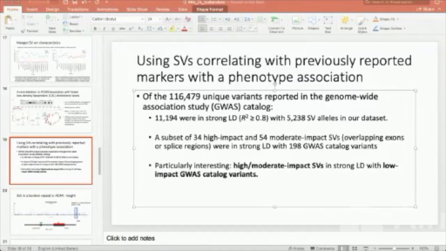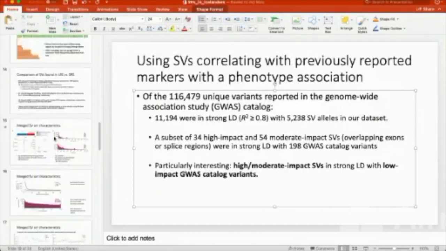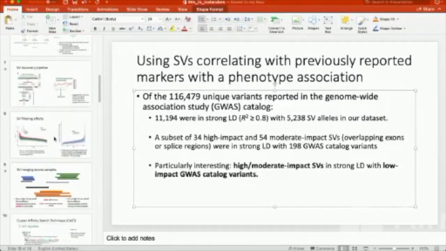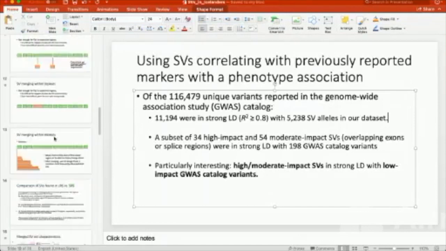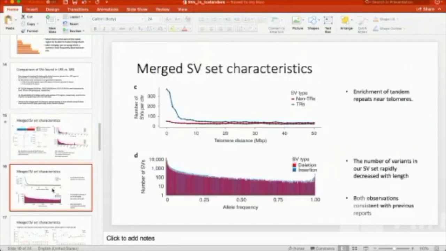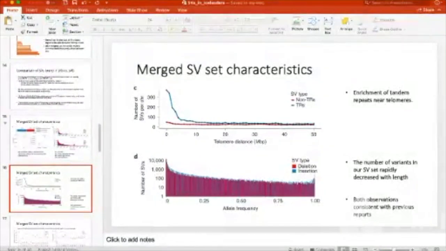That would be something I myself will be quite interested in as well, especially from an SV perspective, because, as I showed in one of the earlier slides, let me try to find that. Here, yeah.